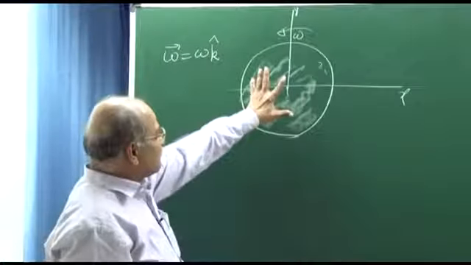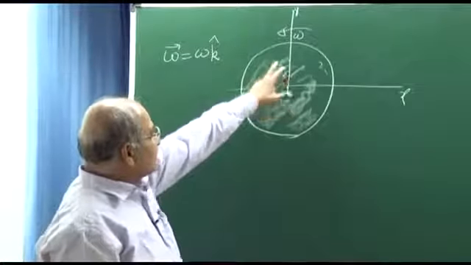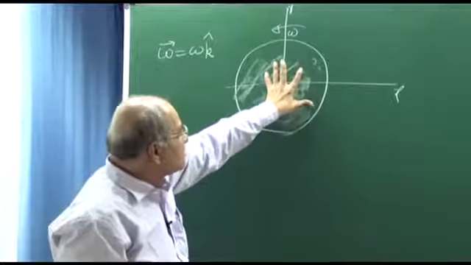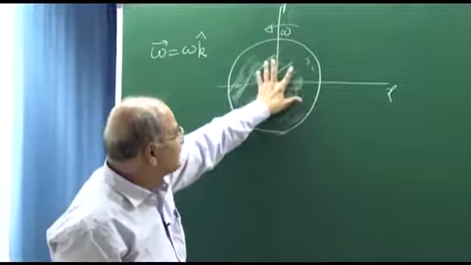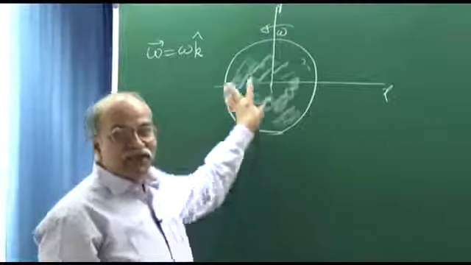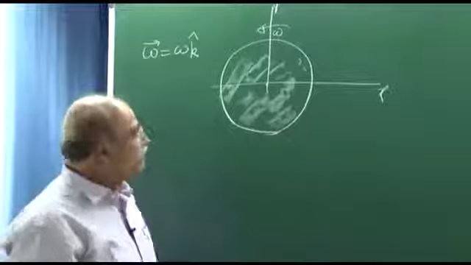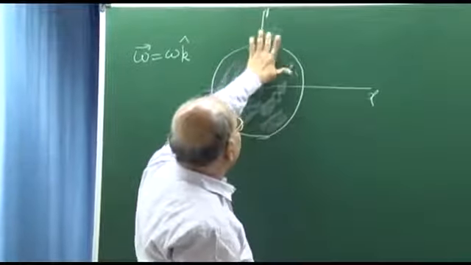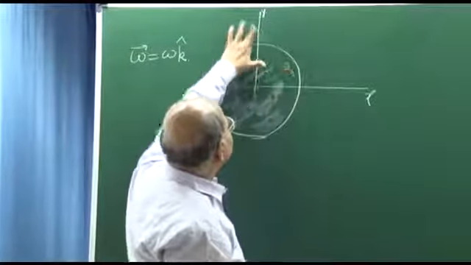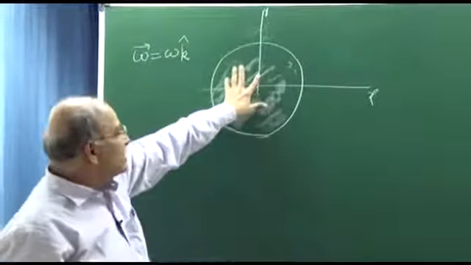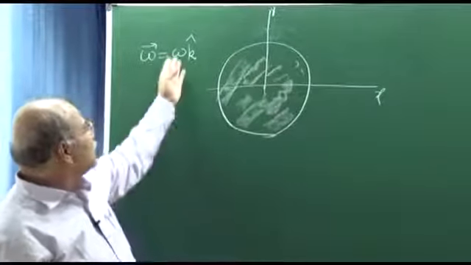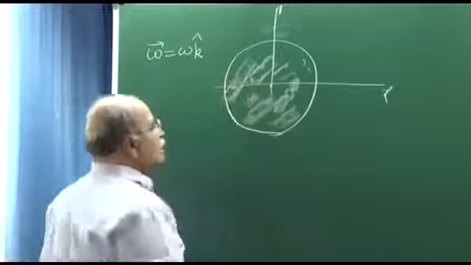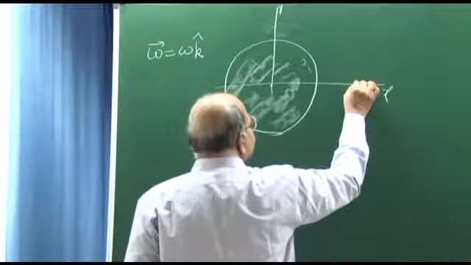And from this frame, now I am using this frame. So, this omega I will just erase. In my frame these things are fixed and other things are moving in the opposite sense. If I remove this arrow and this omega from here, we do remember that this disc is rotating in the lab frame with this angular velocity omega, and from this frame I am looking at some object, say here.